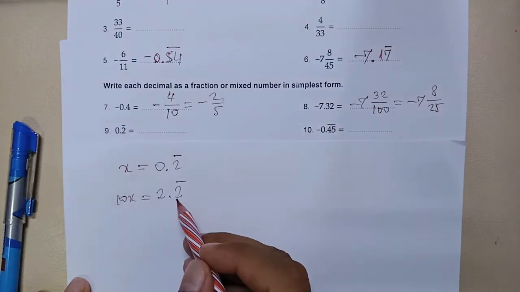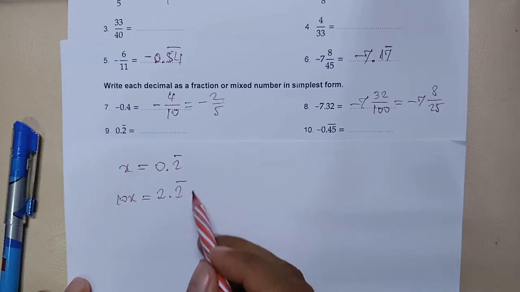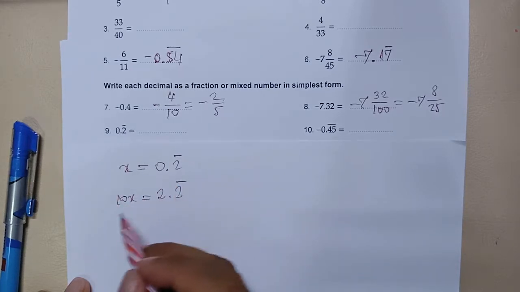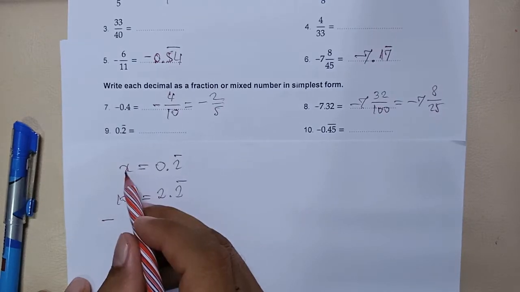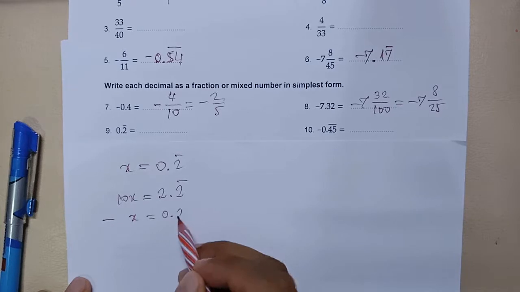Now after that, you use this equation right here to do the vertical subtraction: minus x equal to 0.2 bar.